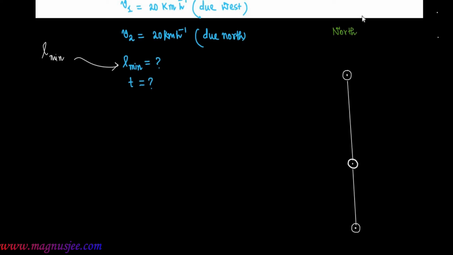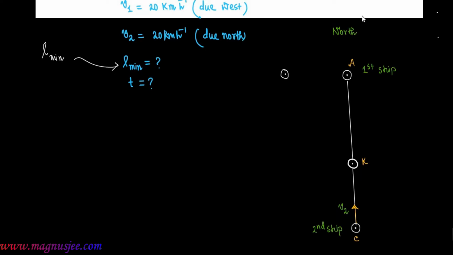In this case, we can draw the initial and final position of the two ships. The second ship is moving towards north with the velocity v2, and the first ship will move with the velocity v1 towards west.